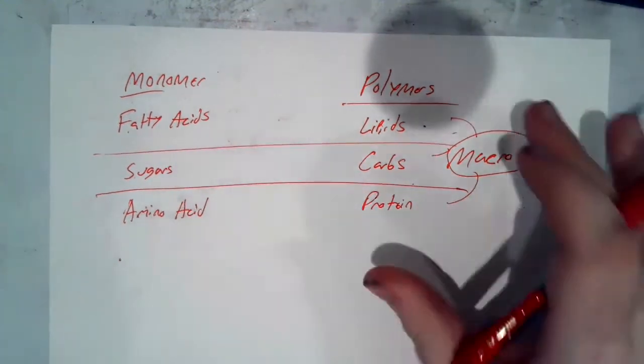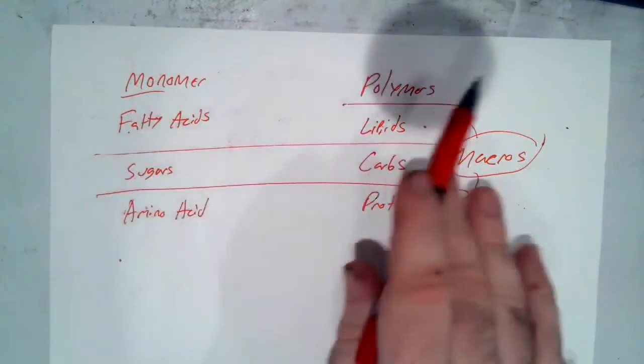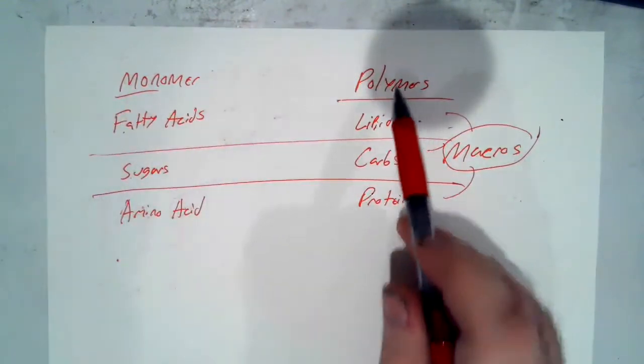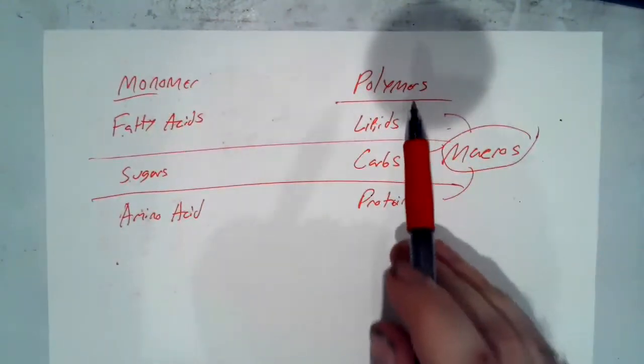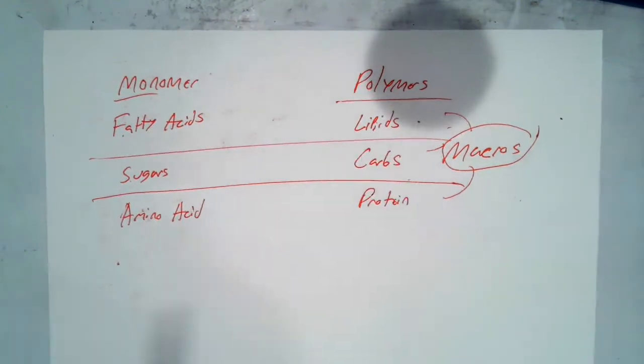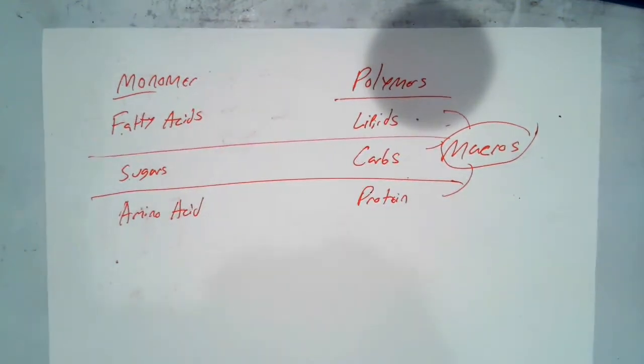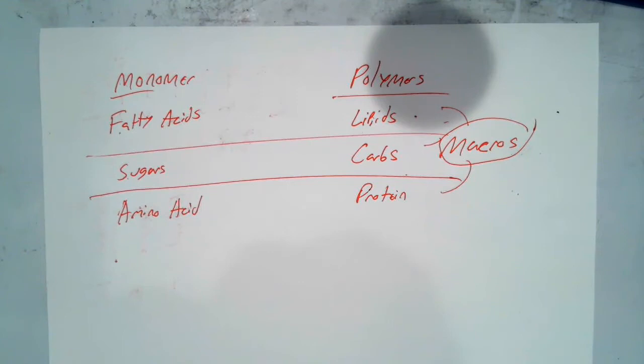So you need to know the difference between a polymer and a monomer, and then you need to know what makes up lipids, carbs, proteins, nucleic acids, and so on. And that you'll just find in your studying.